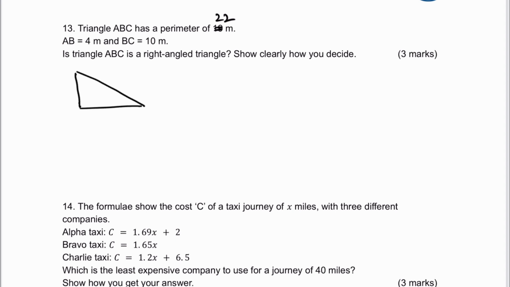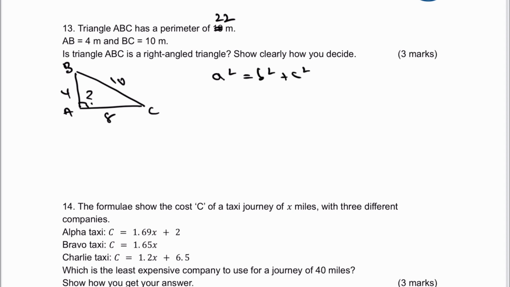So it's a right angle triangle, and what we've got is A, B and C. Now what we're told is A to B is 4, B to C is 10. Now if I add 4 and 10 together, I get 14. Take it away from 22, which means that A to C must equal 8. This is a fairly classic application of Pythagoras, because in order for it to be a right angle triangle, you've got a squared equals b squared plus c squared.